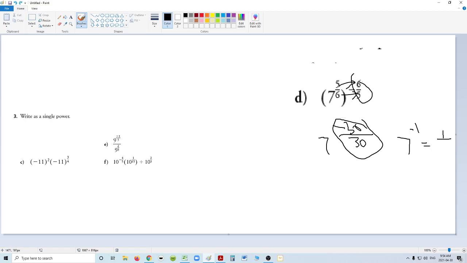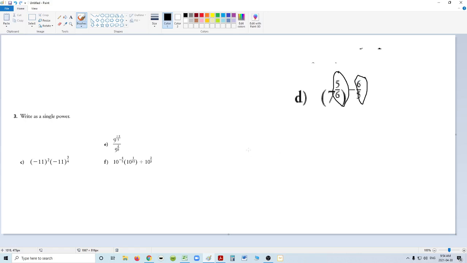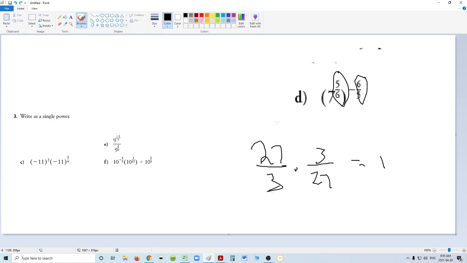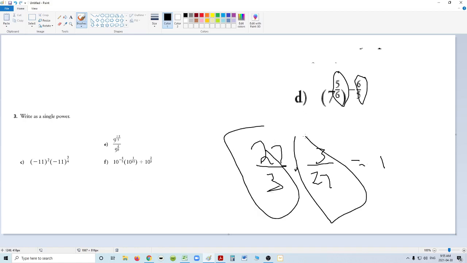You could have spotted right away that this fraction up here is the inverse of that fraction, or reciprocal. Whenever you multiply a fraction by its reciprocal, you will always get 1, which is why I like saying multiply by the reciprocal instead of divide or multiply. So remember that whenever you take a fraction and multiply by its reciprocal, you always get 1, and that's because the 27s cancel out and the 3s cancel out.